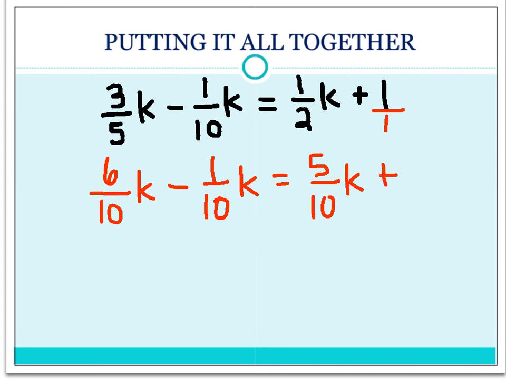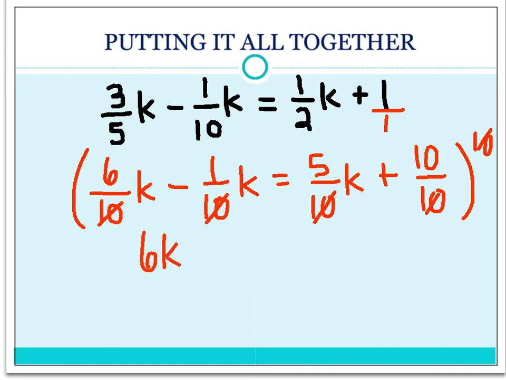And finally, to get a 10, we would end up with 10/10. Since there's 10s in the denominator, I would go ahead and multiply everything by 10, and that will make all the denominators disappear. The equation you're left with is 6k minus 1k is equal to 5k plus 10.